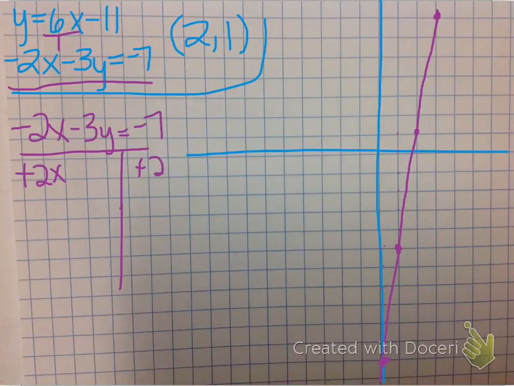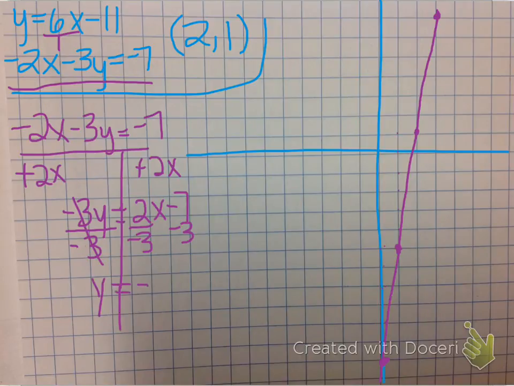Then all we have left on this side is negative 3y equals negative 2x minus 7. We still don't have y all the way by itself. We need to divide by 3 all the way across, so we have y equals 2/3 x plus 7/3.